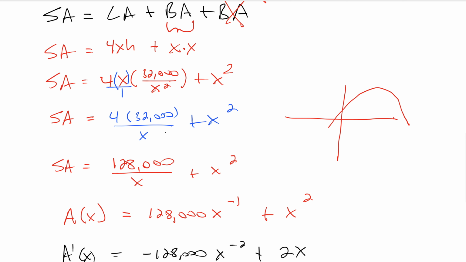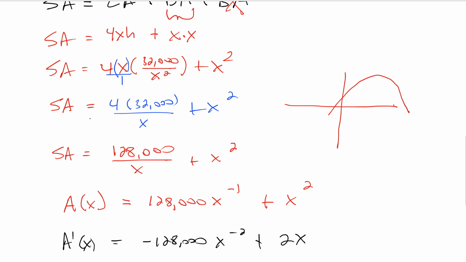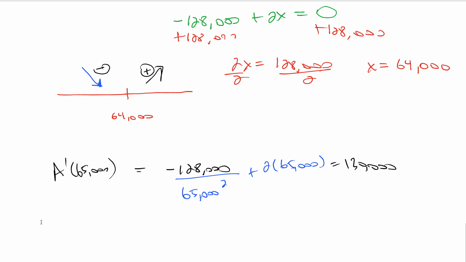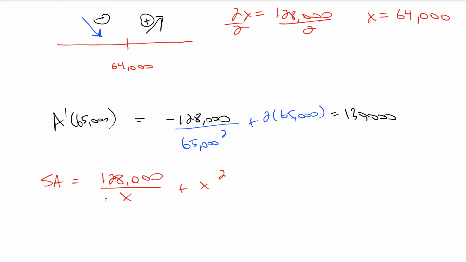And the surface area formula, the one that has no h's in there, is this one down below right here. So we have surface area equal to that, and in place of x, we're going to plug in 65,000.